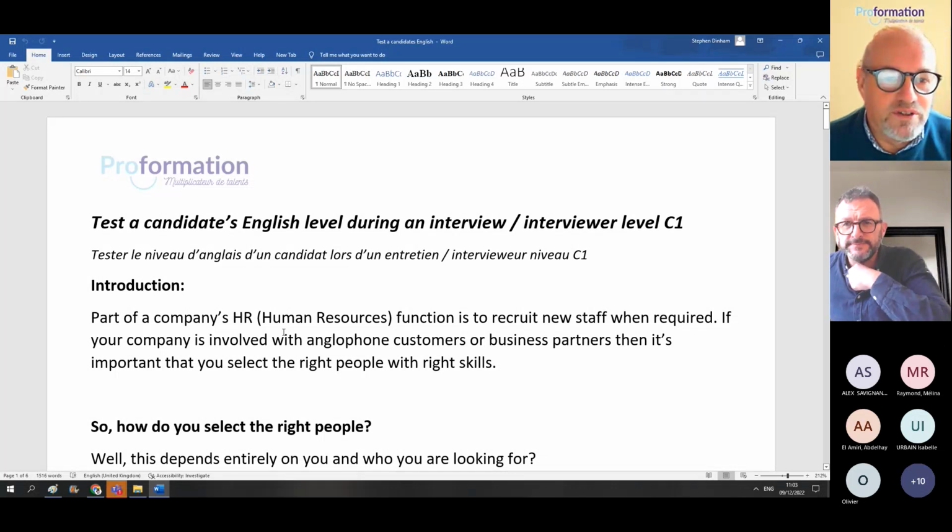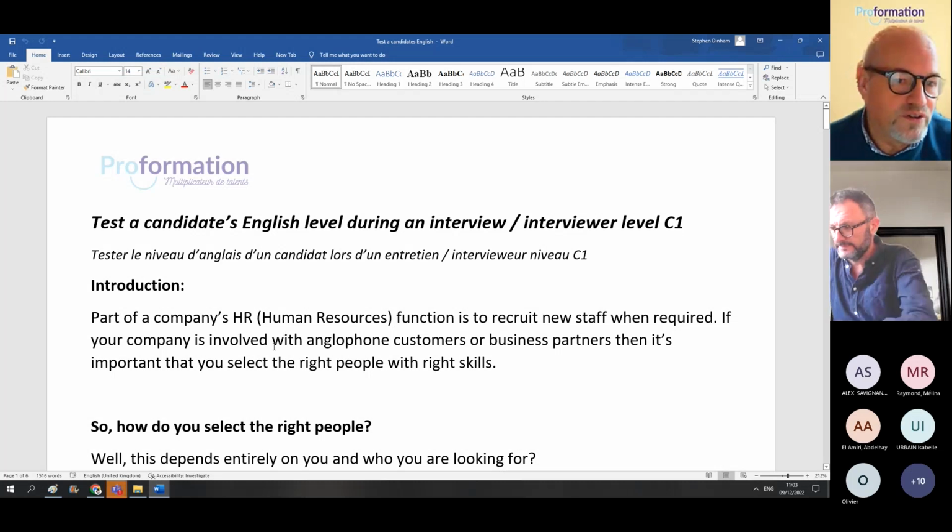Okay, well, good morning. My name's Stephen Dinham, and I'm teaching at Proformation. And the first thing we're going to look at is a method of verifying a candidate's English level during an interview.